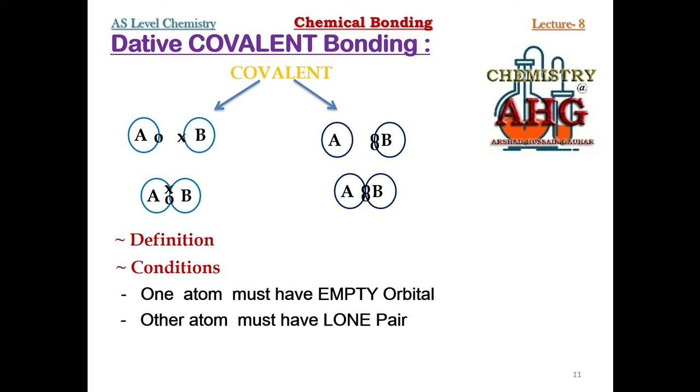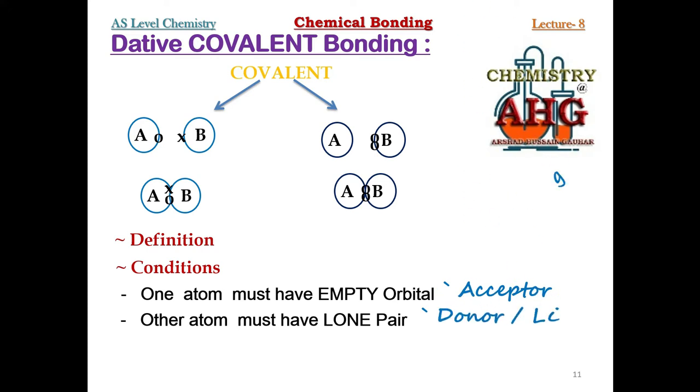The atom that has empty orbital is known as electron acceptor or simply acceptor, while the atom that has lone pair and provides it is known as electron donor, or it can also be known as ligand.